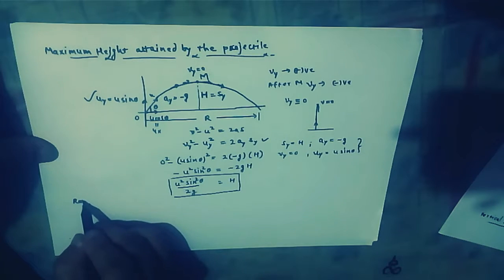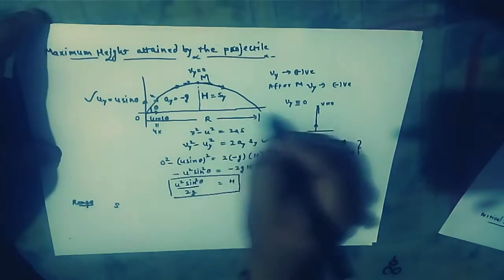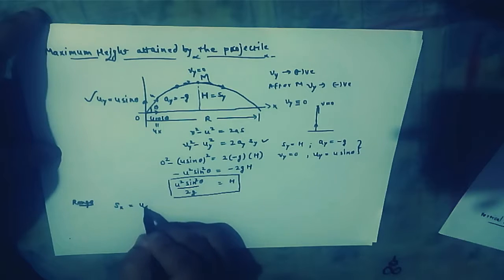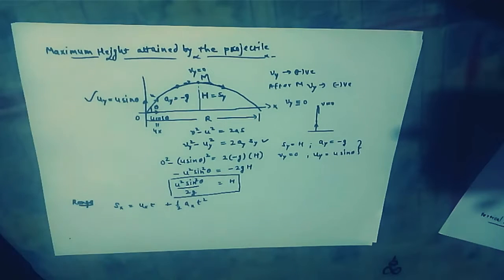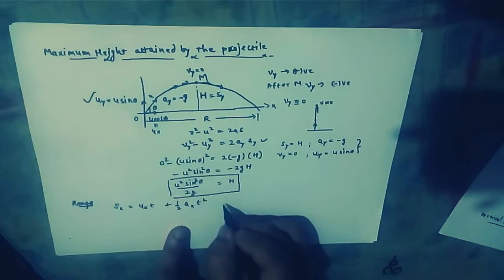So for range, you have to apply the distance formula for the x-axis, which is nothing but sx equals ux t plus half ax t square. So what is sx?